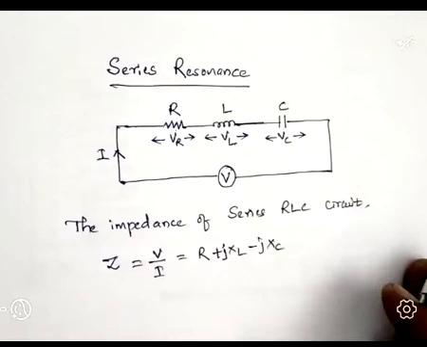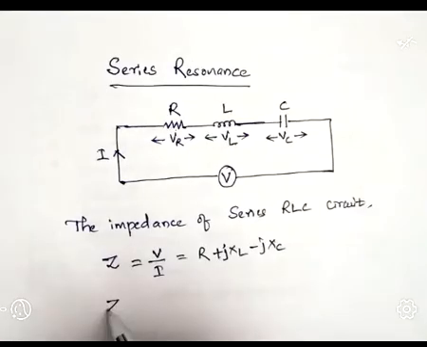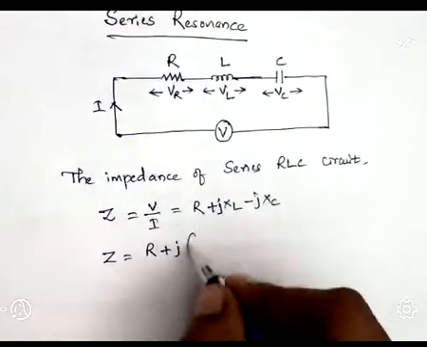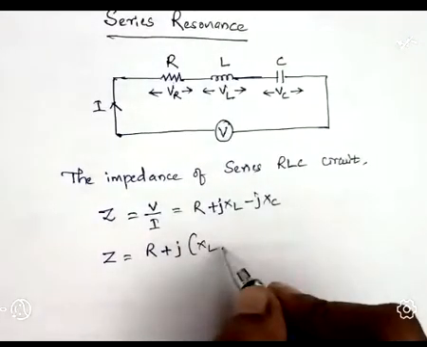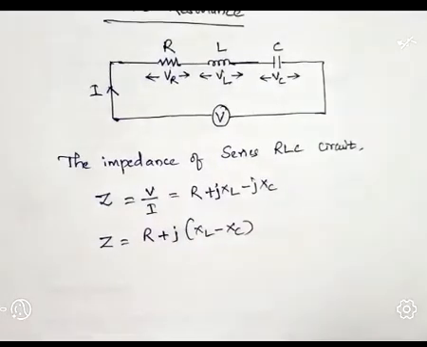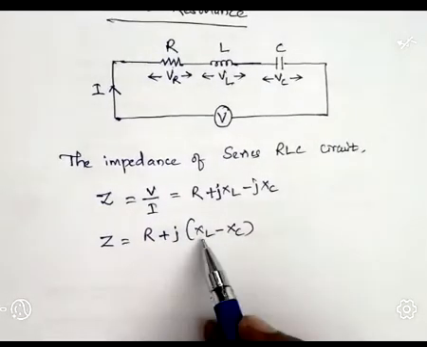Let us take j common here: R plus j (XL minus XC). These are the reactances: XL is the inductive reactance and XC is the capacitive reactance.